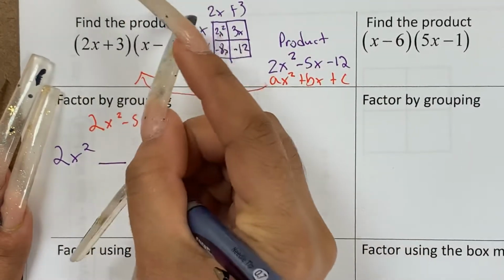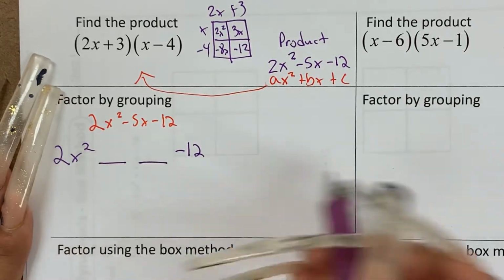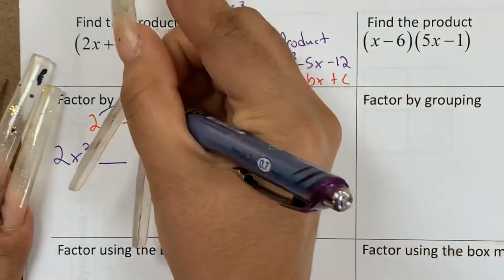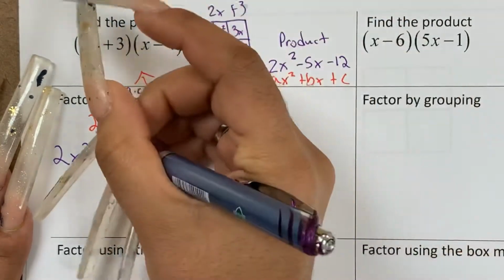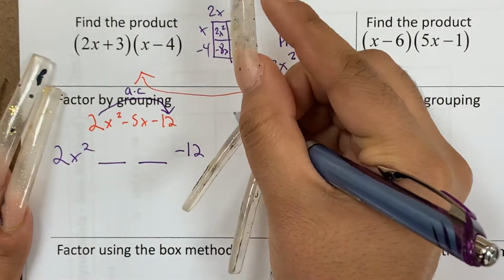So I'm trying to find 2 terms here. So I'm going to take the first term and the last term. That's your A times your C. So negative 12 times 2 is negative 24.